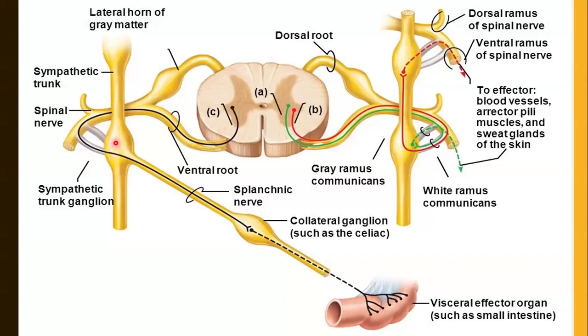The preganglionic fibers that join the chain constitute what we call the white ramus communicans because they are myelinated. But the postganglionic neurons that exit the chain exit via the gray ramus communicans. Now, that aside, that's more about the autonomic nervous system.